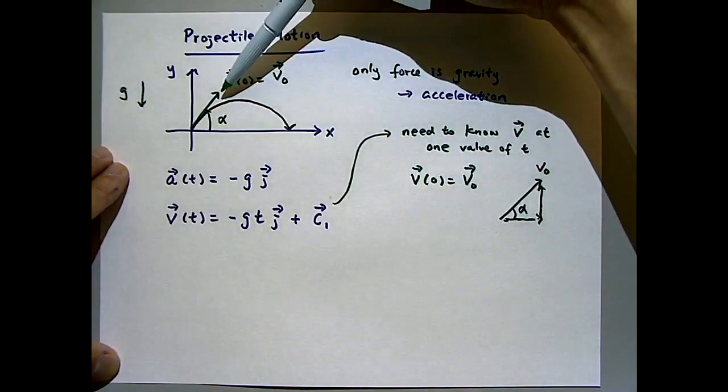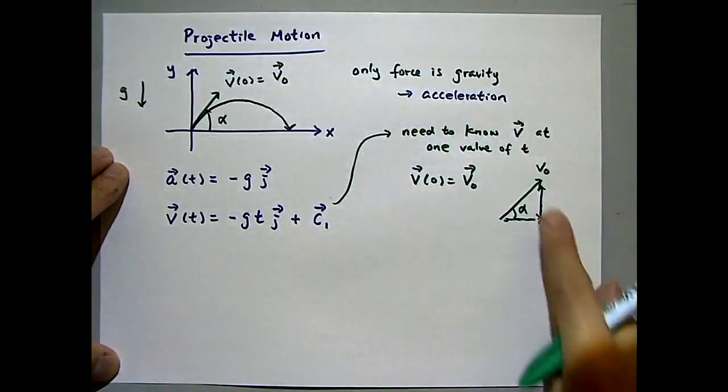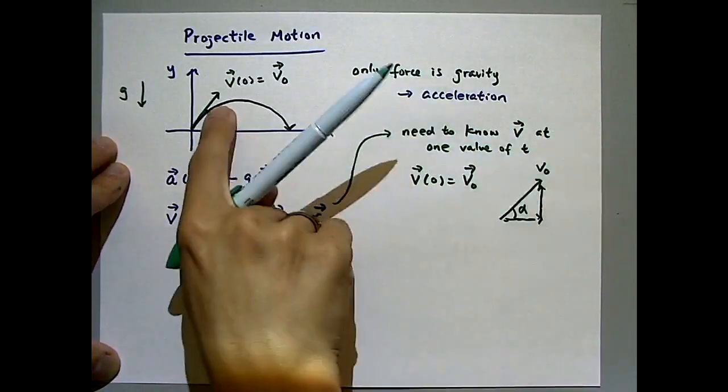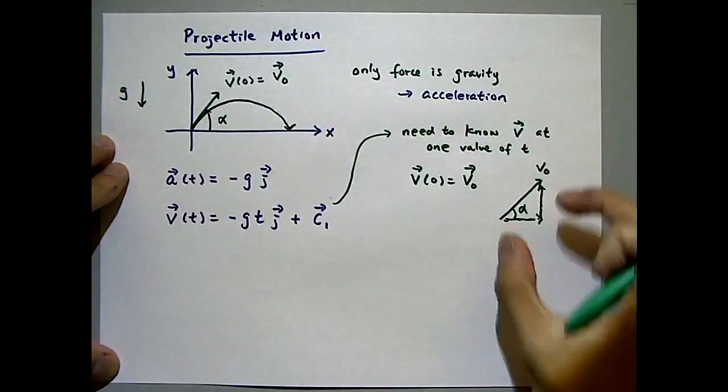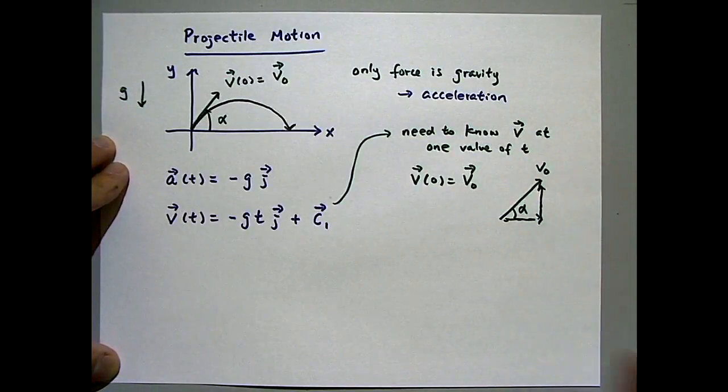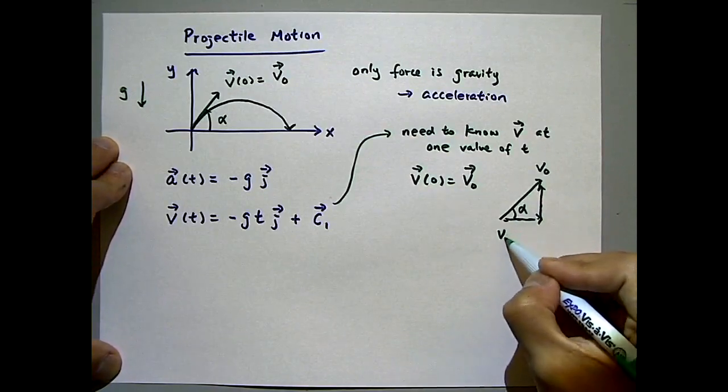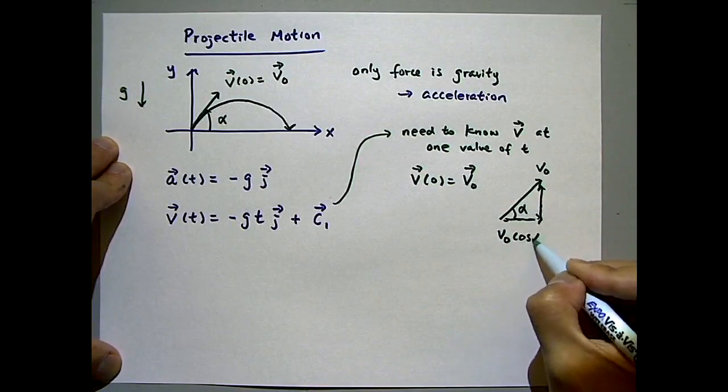If I form a triangle at the origin here, the hypotenuse is that initial velocity, the magnitude is v sub 0. And it's made out of the sum of two vectors. One vector going in the i direction, and this one is v sub 0 cosine of alpha.